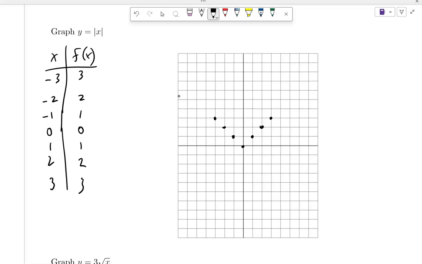I get a graph of a line on this side. Same thing happens on this side, I'll get a graph of a line, but it's negative slope. They're going to come to a point in the middle. So when we do graphing absolute value, we really get this V shape. I get a V that goes like that.